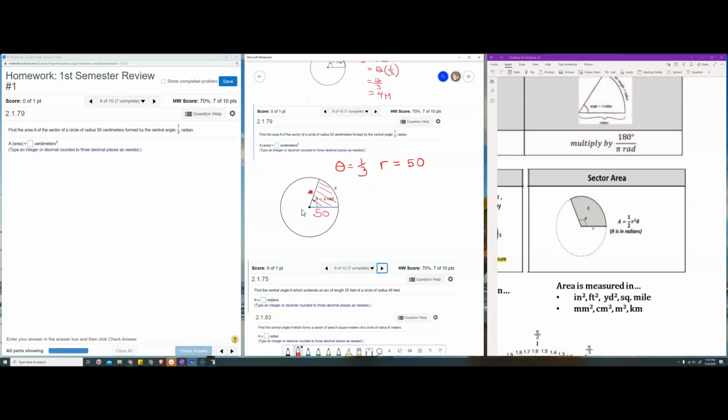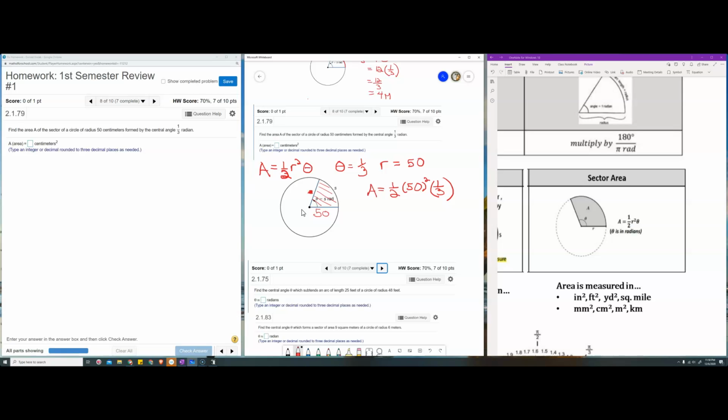And my formula is the area is equal to 1/2 the radius squared times the angle, which is 1/3. That's our area formula for our sector.